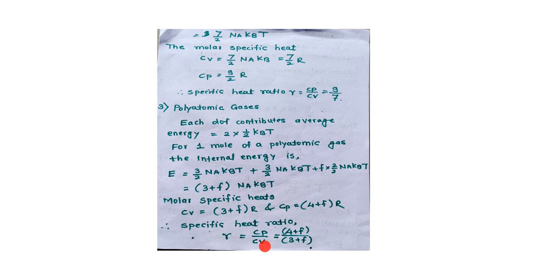Substituting the value of Cp, (4 plus f) R, upon Cv, (3 plus f) R, R gets cancelled, and we will get the value (4 plus f) upon (3 plus f).